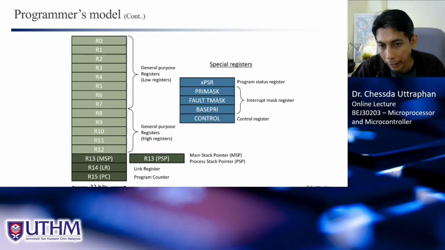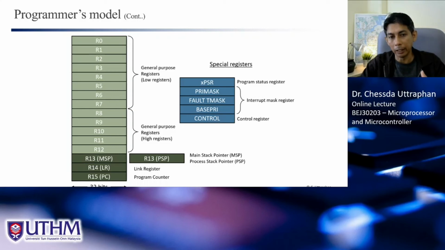So what is the interrupt mask? The interrupt mask is the way you enable and disable interrupts. Your microprocessor is able to respond to many types of interrupt, so as a programmer or designer, we have a way to mask, that is, disable or enable, the interrupt. We call it the interrupt mask.